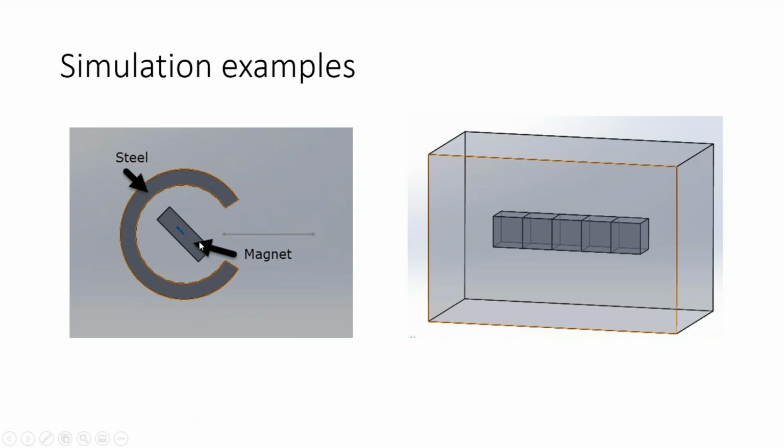Okay, we have a magnet and a steel casing, and we are going to see how we can do a simulation of a permanent magnet to find the magnetic field in and around the geometry, and also to see what happens when I rotate the permanent magnet. How does my field vary at a particular point in this air gap as I rotate my magnet?